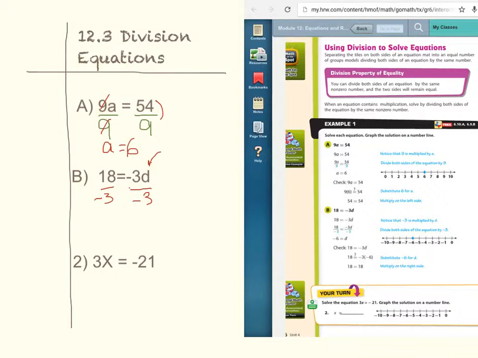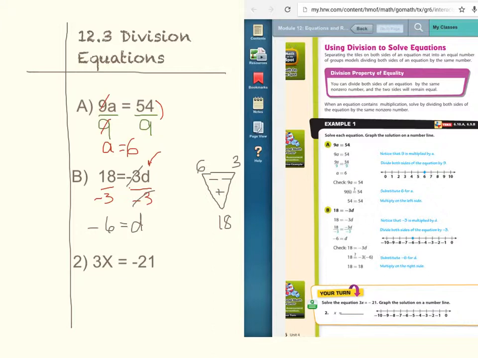Okay, now the negative 3's cancel each other out, and 18 divided by negative 3, on multiplication and division, you use the Dorito. Okay, 18, that's positive 18, divided by negative 3 is negative 6. Negative 6 equals d.